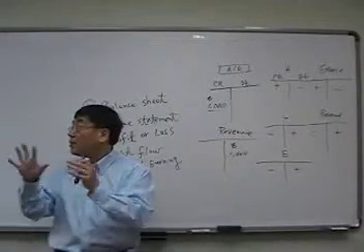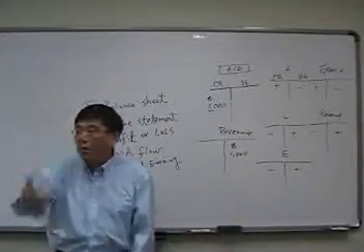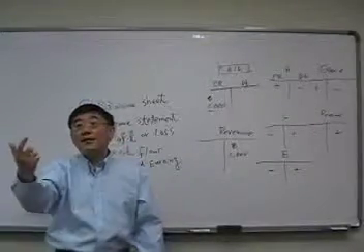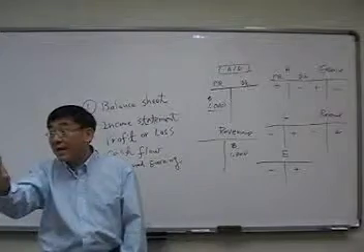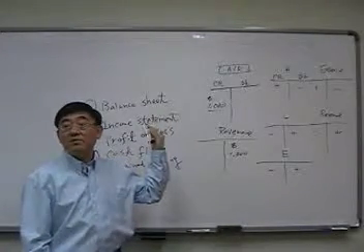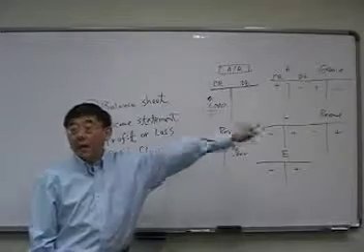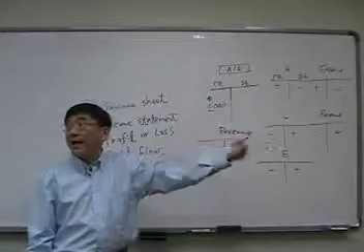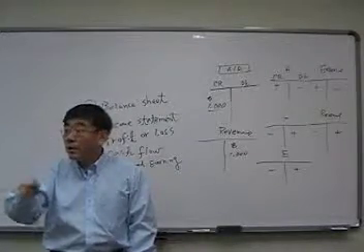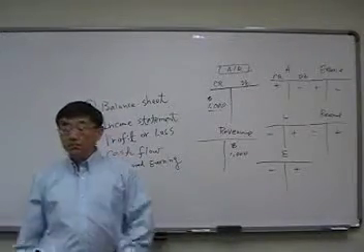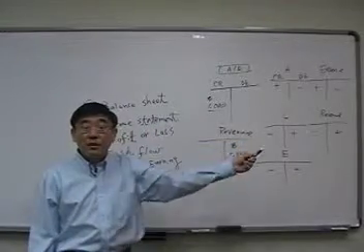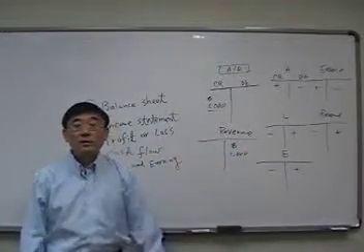And number 2, more importantly, you need to memorize: if this item is an asset or expense item, increase on the left, decrease on the right. And the opposite, if this item is liability or equity or revenue, increase on the right, decrease on the left.